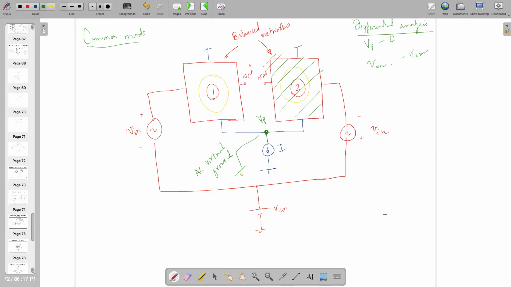And that's the main reason why people use Monte Carlo analysis or statistical mismatch analysis. In industry, people use at least 10,000 runs.